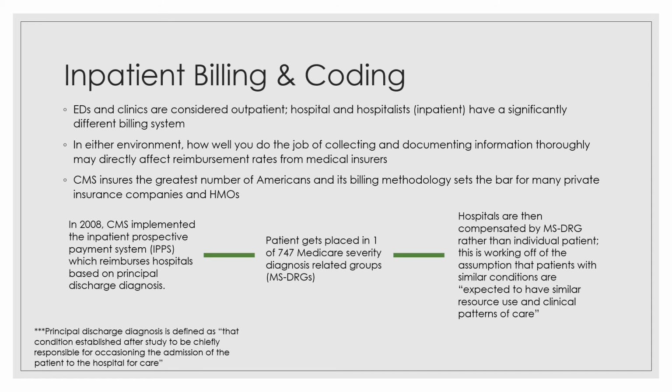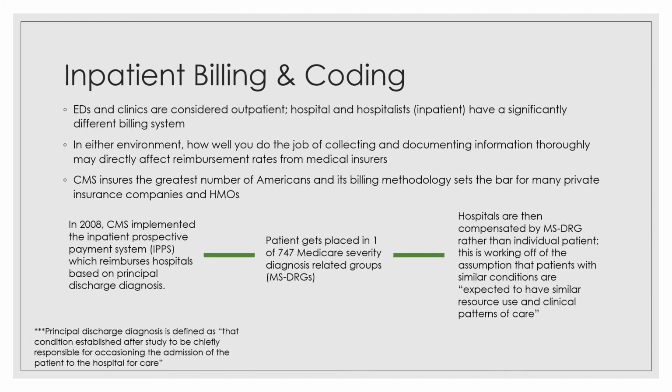CMS insures the greatest number of Americans, and its billing methodology sets the bar for many private insurance companies and HMOs. In 2008, CMS implemented the Inpatient Prospective Payment System, IPPS, which reimburses hospitals based on principal discharge diagnosis.